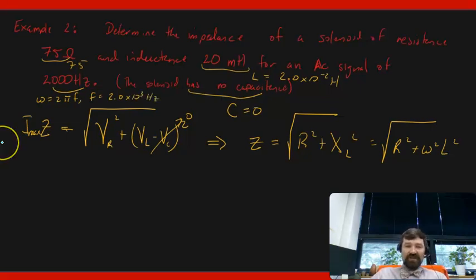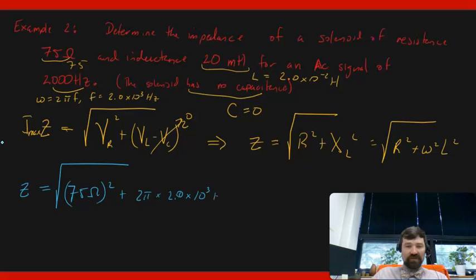So when I go to plug stuff in, what I'm going to get is that the impedance is equal to the square root of R squared, so that would be 75 ohms squared, plus 2 pi times 2.0 times 10 to the 3 hertz, that omega term times the L term, which is 2 times 10 to the negative 2 henries, and that whole term has to be squared.